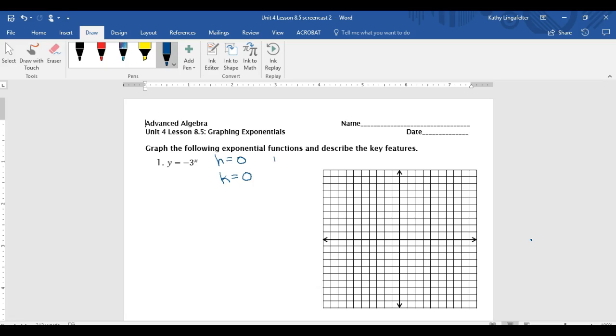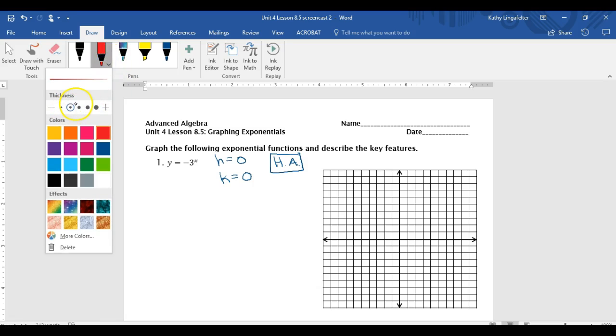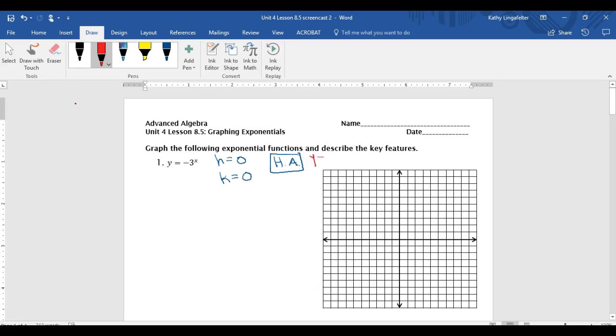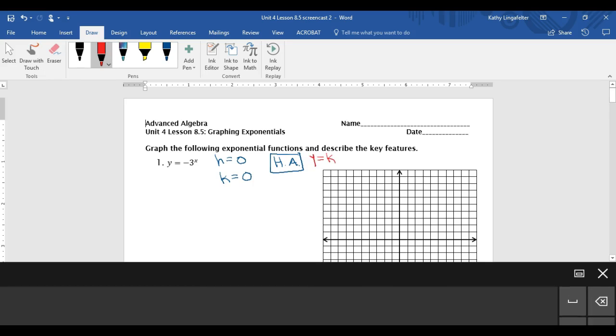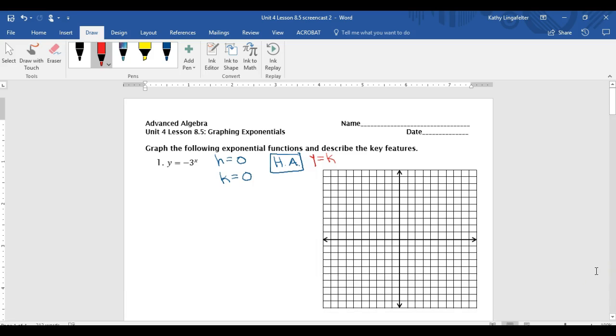And then we identify our horizontal asymptote. It's a horizontal line, so it slices the y-axis at y equals k. So in this case, our horizontal asymptote is y equals 0.